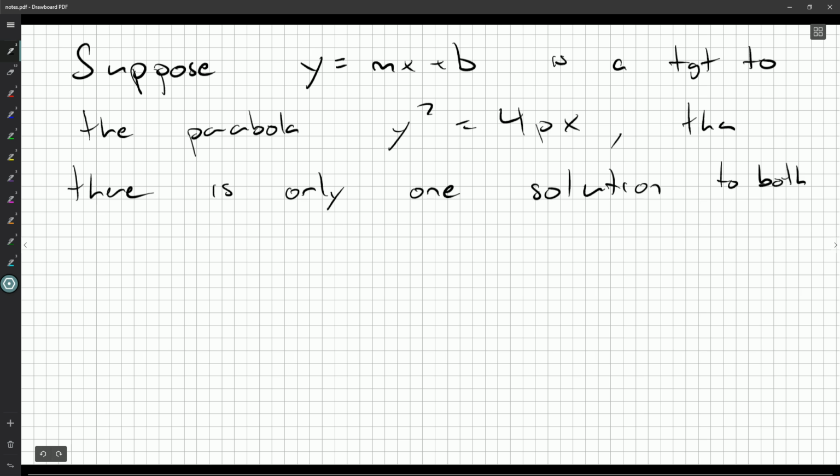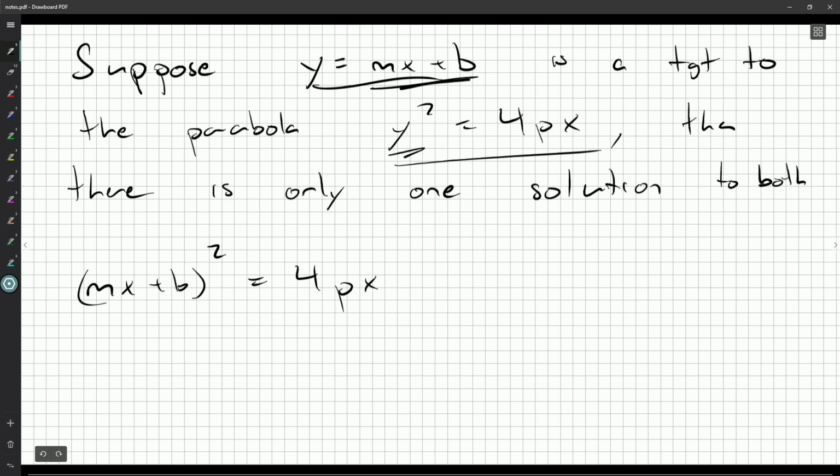Okay, so what we can do, we can take this expression for y, plug it in here, and we will get a quadratic in x. And that would give you two possible x values, and that would be two possible points where this line hits this parabola. Right? But you're only supposed to have one solution, only one possible x point.